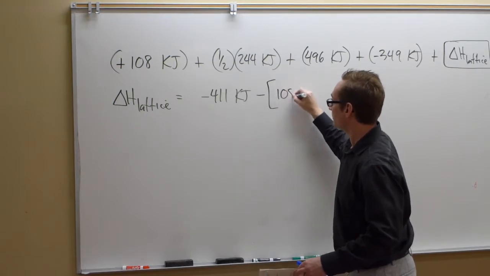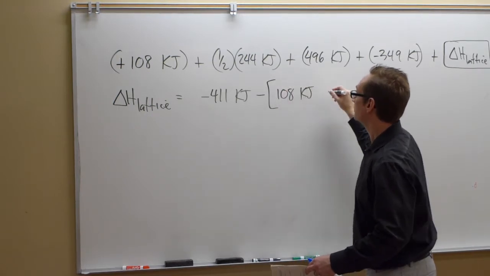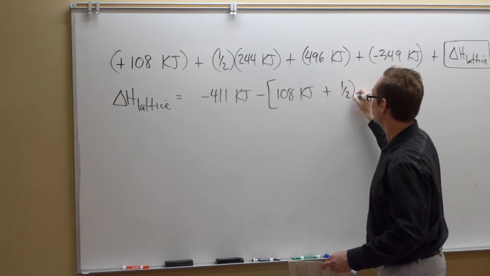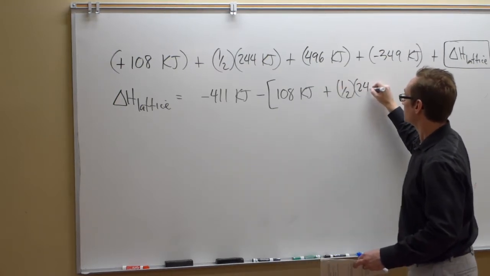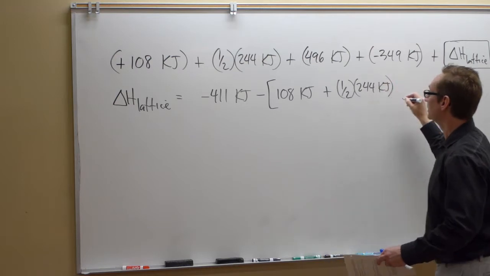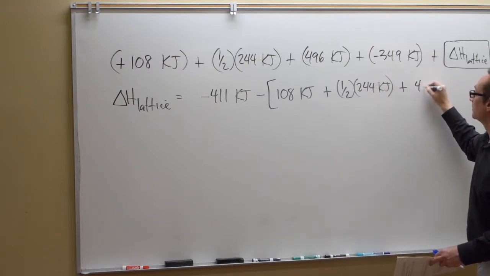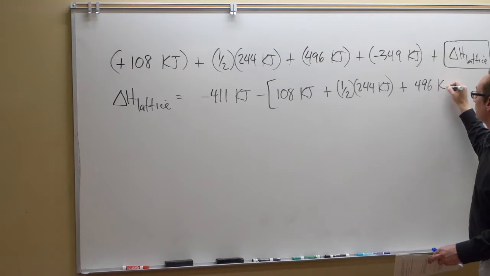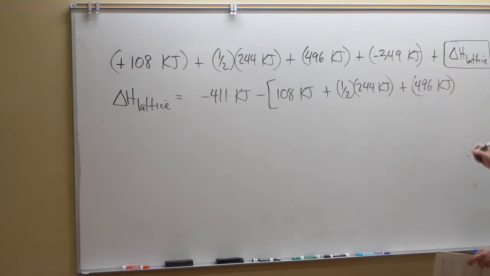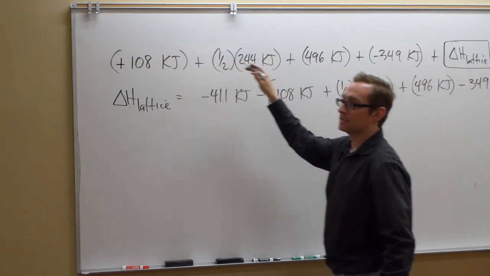So I've got 108 plus 1/2 times 244. So I'm just basically subtracting all of this over to the other side.